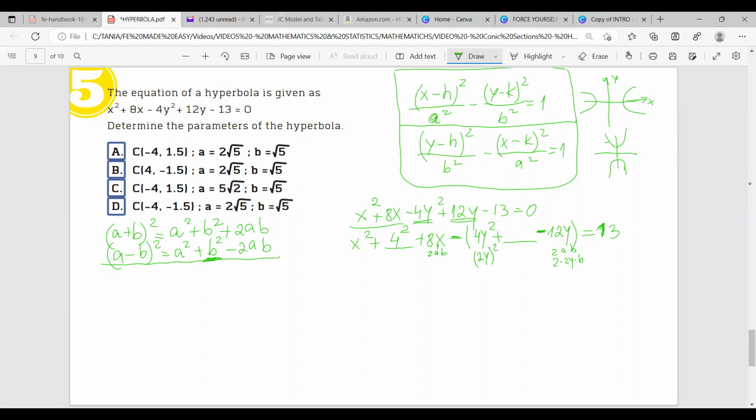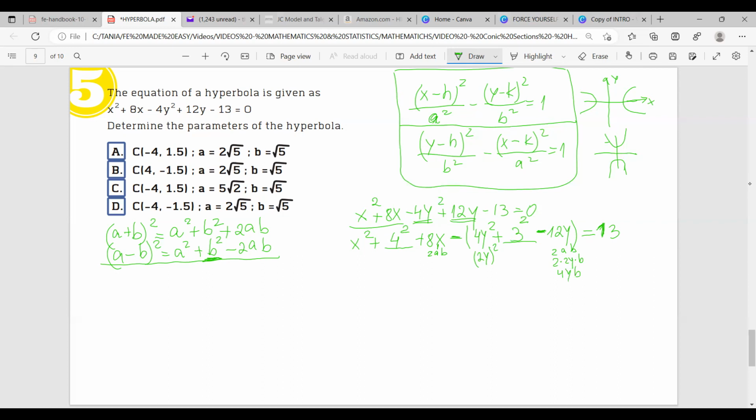So this all makes 4yb, or 4by. So we have 4yb. So if we divide 12y by 4y, we're going to get that b equals to 3. So b is going to be equal to 3, and we have to square this, equals to 13.